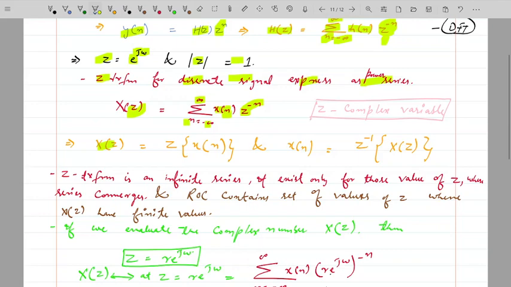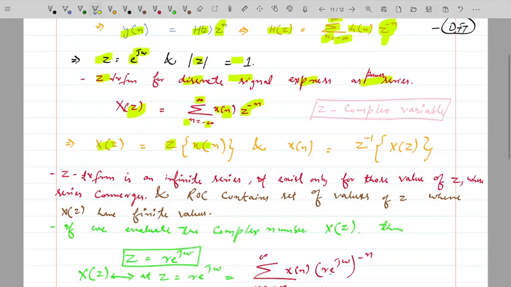If we find the Z transform of any signal, this Z of x of n represents that. Here we are finding the Z transform of the x of n signal, and it is stored in X of z.